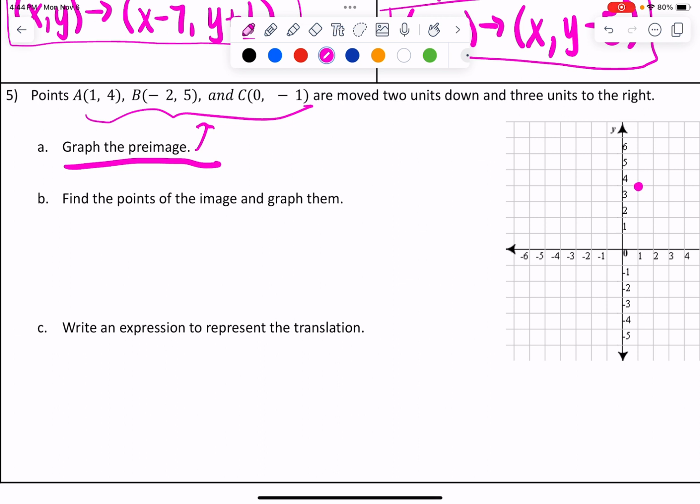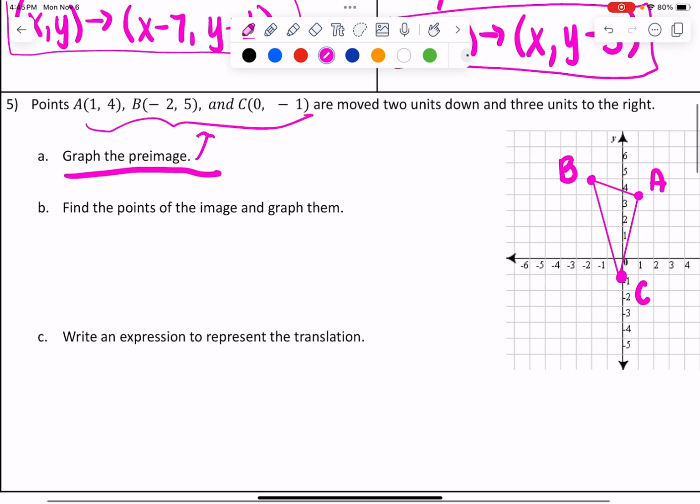I'm going to label that as A. Then you're going to have negative 2, comma 5. That's going to be B. And then finally C is going to be 0, comma negative 1. And then connect the dots. So that's your pre-image, the image you start off with.